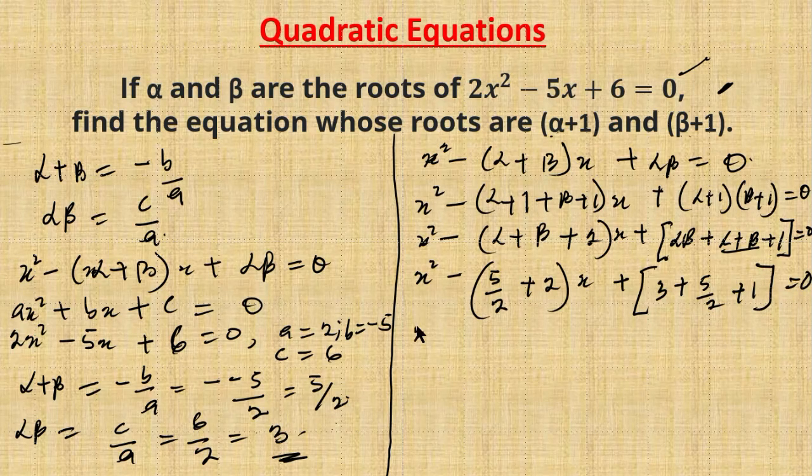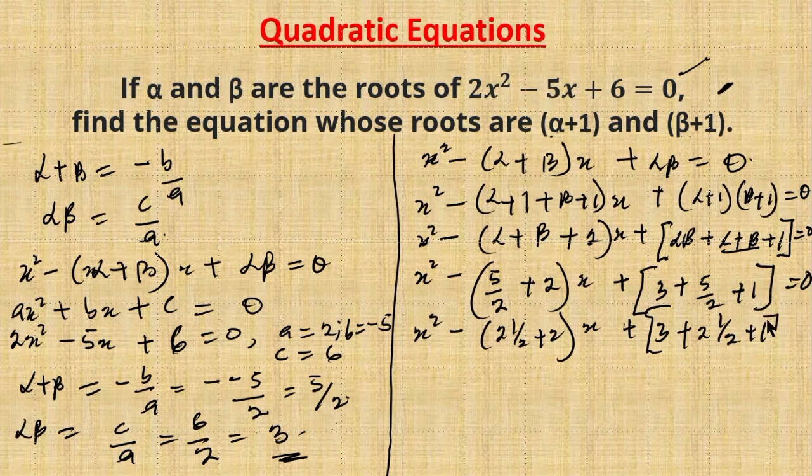Now 5 over 2 is 2.5, so that's 2.5 plus 2. I want to make it easy, plus 3 plus 2.5 again plus 1 equals 0.